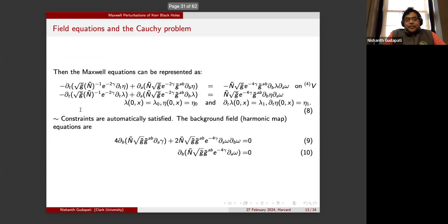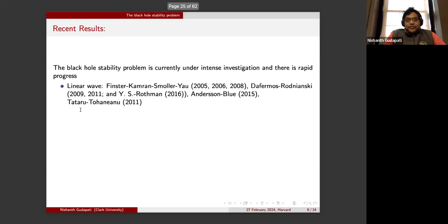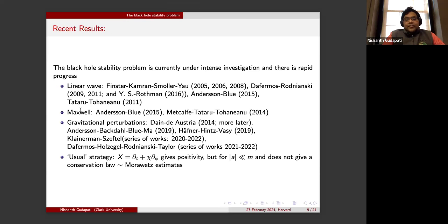So let me go back to this slide here. As I was saying, where is that? This final slide here. As I said, you have this original energy that corresponds to the dt flow, of the dt Killing field, right? But you can also construct a positive definite energy by considering a blend of the d phi Killing field.